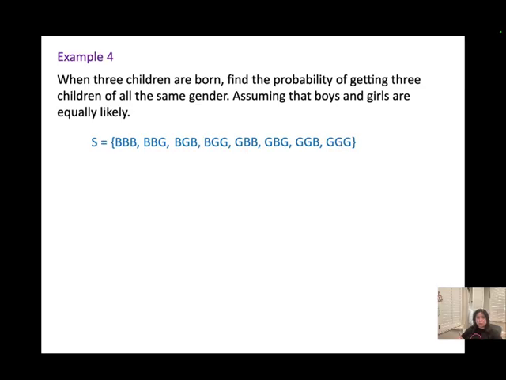And then what we are looking for, we want to find the probability of getting 3 children of all the same gender. So all the same gender, it can be all boys or all girls. So probability will be equal to 2/8, which is going to be 1/4.